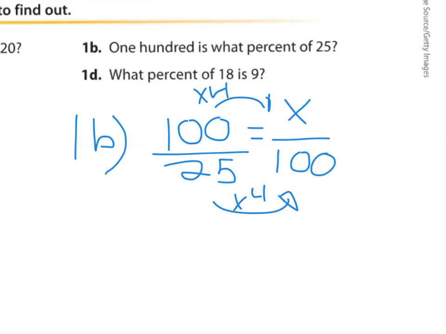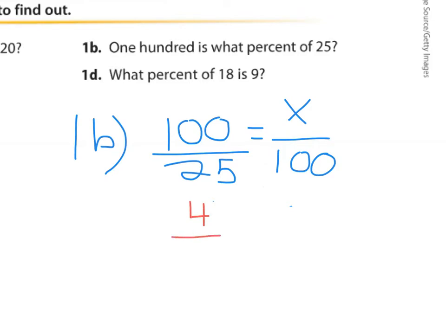Okay? Again, you can just simply cross product, and before you cross product, see if you can simplify your ratio, where you have over here both multiples of 25. They're both multiples of 25. So how many 25s do I have on the top? I have 4 of them.